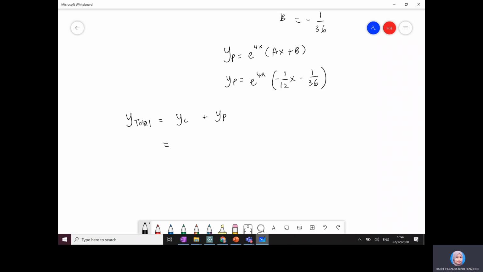So complementary solution was what just now? C1 e^6x plus C2 e^(-2x) plus e^4x times negative 1 over 12 x minus 1 over 36. So yeah, now your job is done for this particular example.